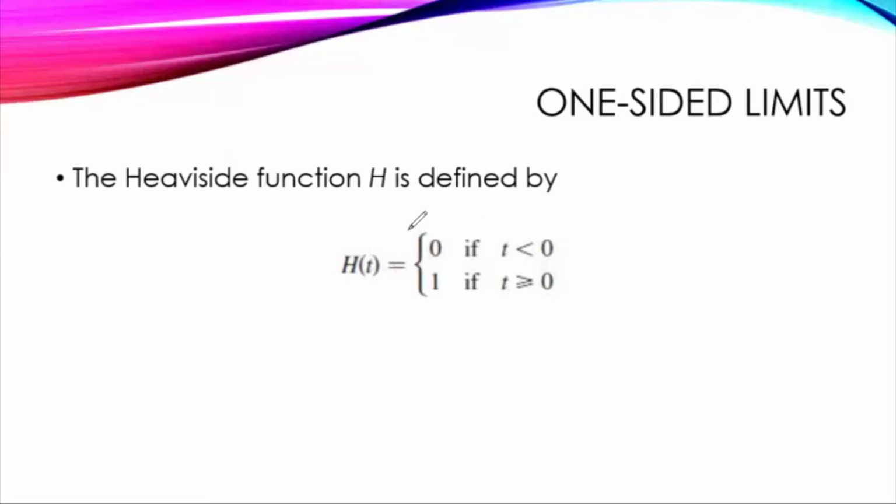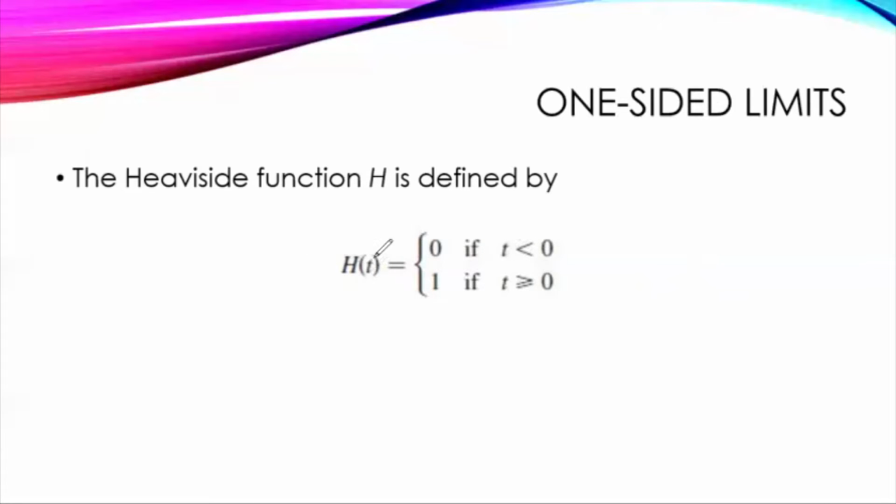Now notice that the Heaviside function is a piecewise defined function. What do we mean by piecewise defined function? This is a type of function that consists of two or more expressions or equations over a specified domain.